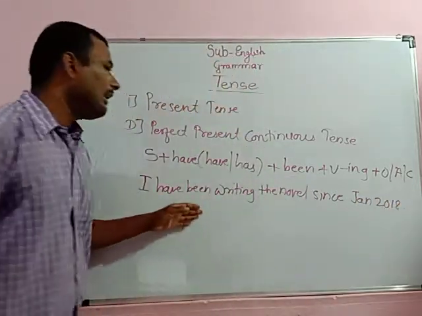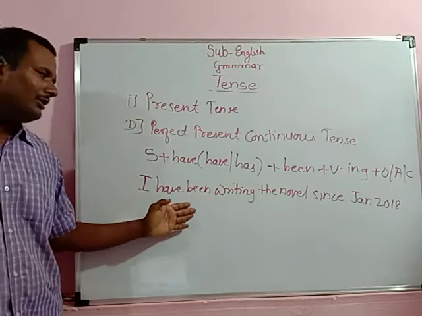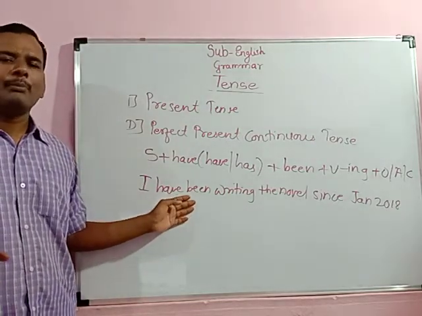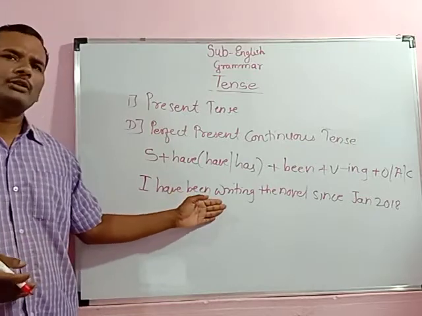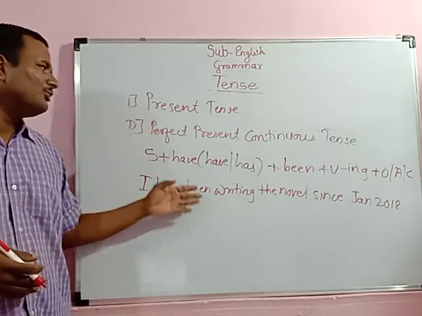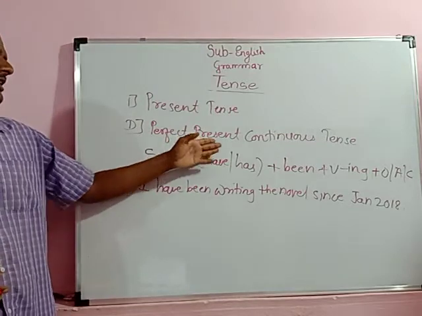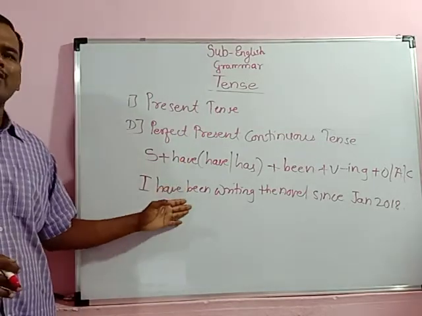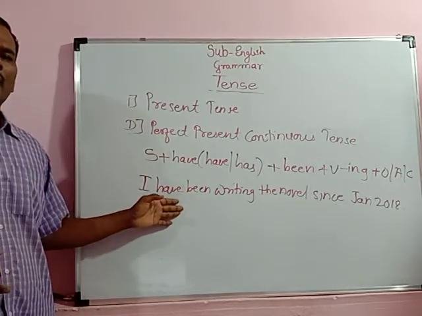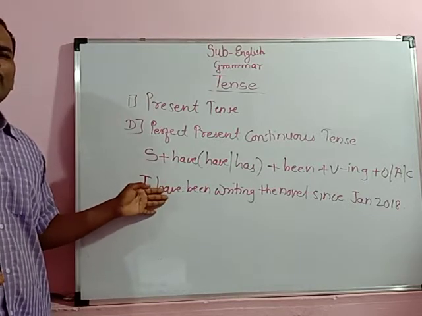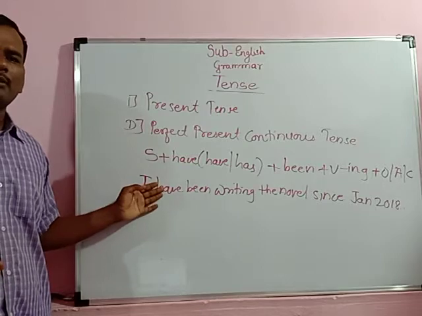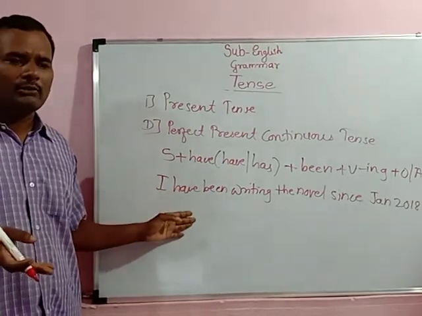See, actually the actions which have started in the past, in some proportion they are complete also, but still they are going on. For such type of actions we can use the present perfect continuous tense, because such an action may not complete within some hours or some days, but it takes a long period of time, such as 6 months, maybe 1 year, or more than 1 year also.